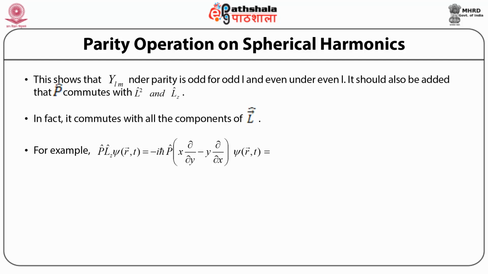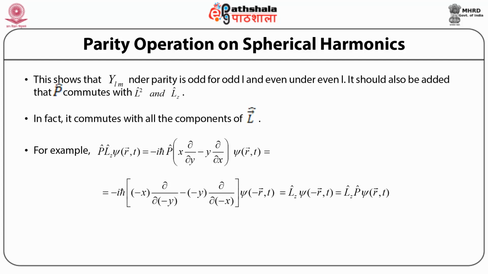This is equal to −iħ [(−x) ∂/∂(−y) − (−y) ∂/∂(−x)] ψ(−r,t). This is equal to operator L_z ψ(−r,t), which is equal to operator L_z operator P acting on ψ(r,t).